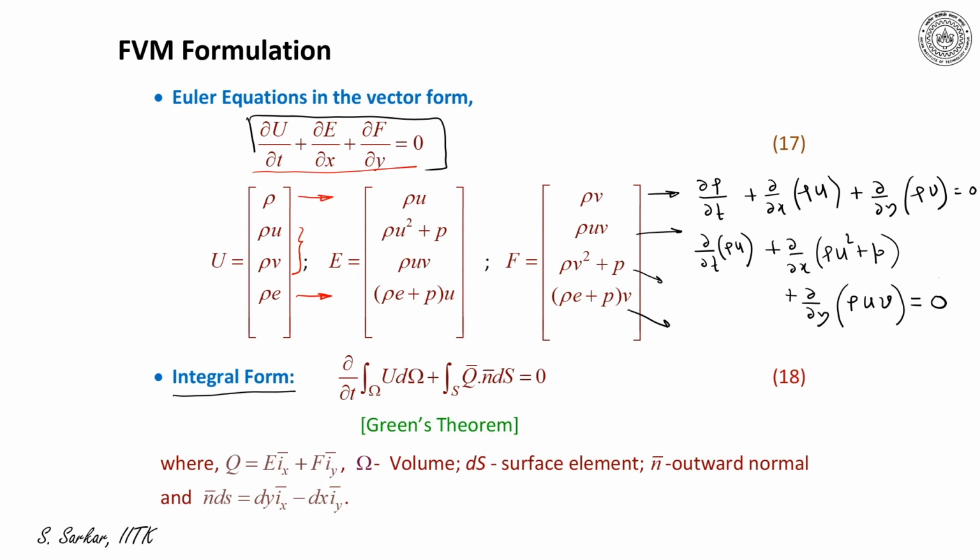Now the question is how one can evaluate the surface normal. Let me explain that. Suppose let us consider a grid, and with respect to some coordinate system, the coordinates of each point are known to me.